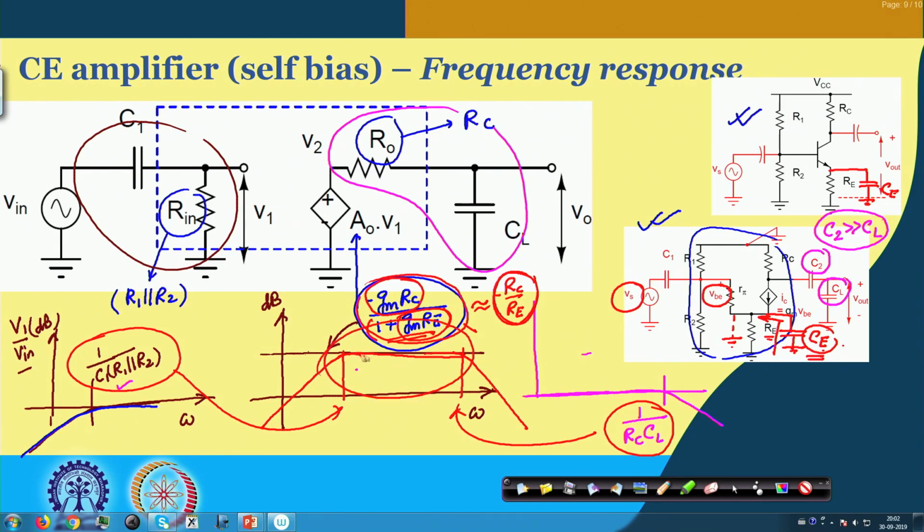It cannot go directly here. We prefer to have a smooth gain, but if we arbitrarily select this CE, then we may not get this frequency response. So, let us look into the frequency response of this CE amplifier having Re and CE together, and let us try to see what the corresponding frequency response is.